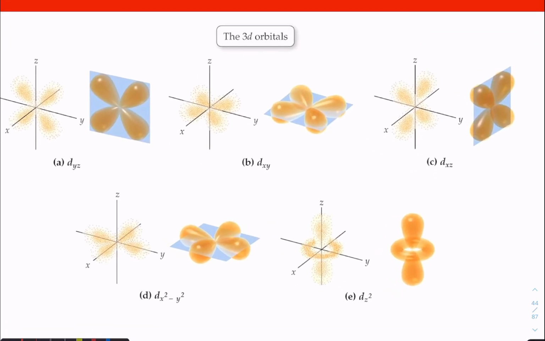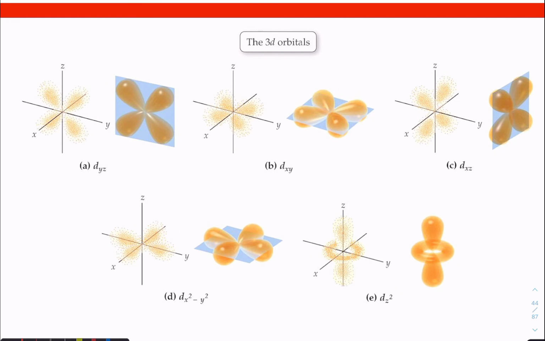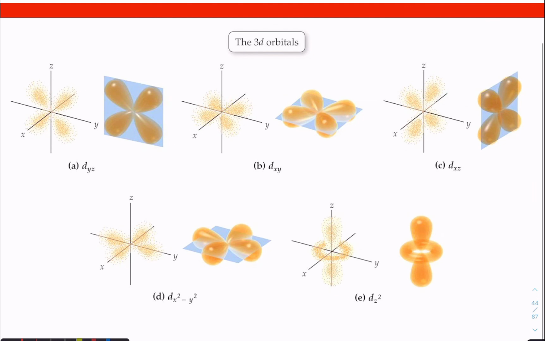So the p orbitals were the dumbbells. There are 3 of them. The d orbitals are these sort of cross-shaped dumbbells, so each one has 2 dumbbells that are crossing, and they exist in, let's see, 1, 2, 3, 4 different planes. And then there's the special dumbbell with the donut.